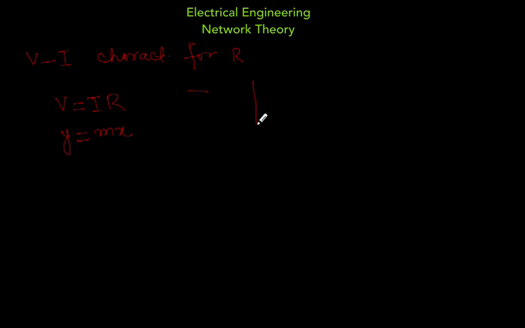So if we draw the graph, taking voltage on the y-axis and current on the x-axis, we'll get a straight line passing through origin, and the slope of this straight line will give us the value of the resistance.